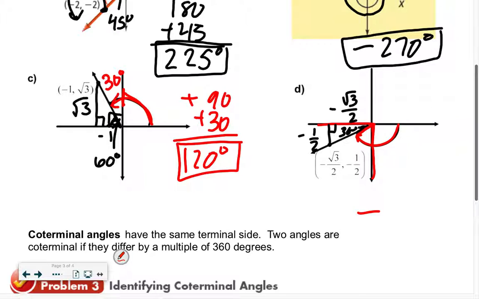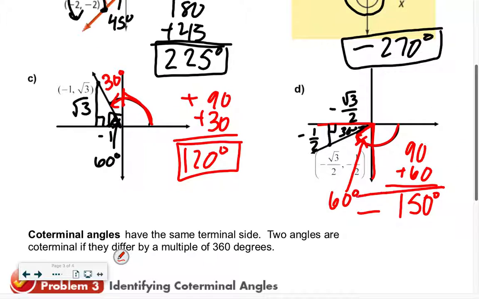This one is 60. Okay. So how do I figure out my angle total? 90 plus 60, which gives me what? 150, and I am negative. Okay. Questions?